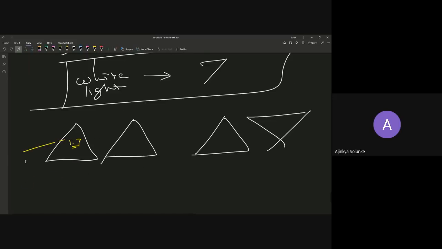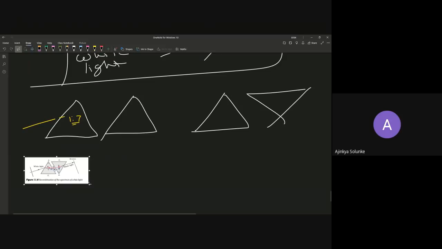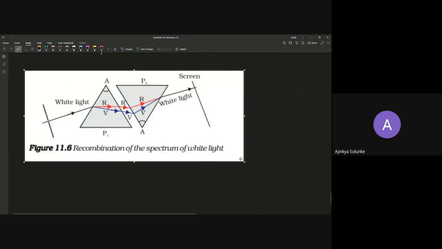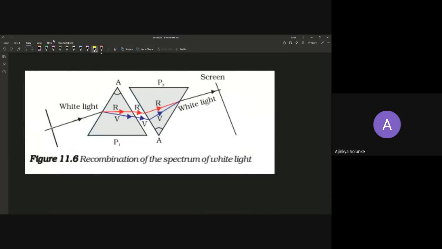But to his surprise, the contrary happened. When he did this experiment, initially he took the white light, he got those 7 colors, but in this particular experiment we have just shown 2 colors. One is red, one is violet. But later on, in the second prism, they combined with each other, and they again gave us the white light.